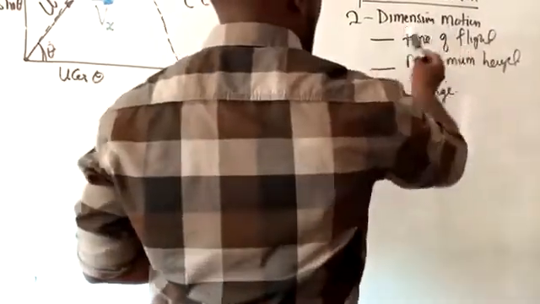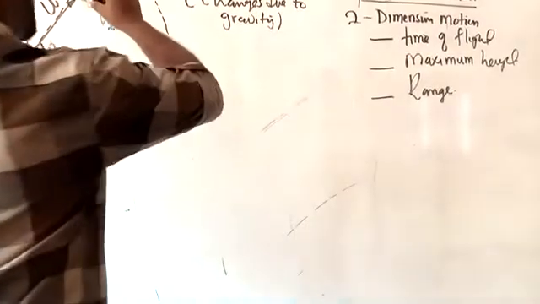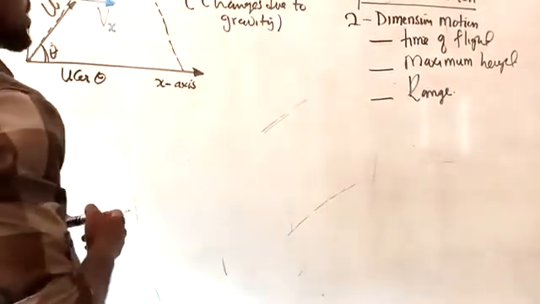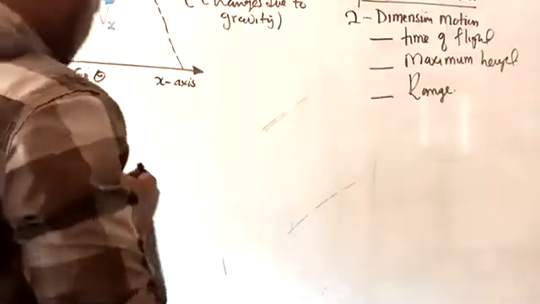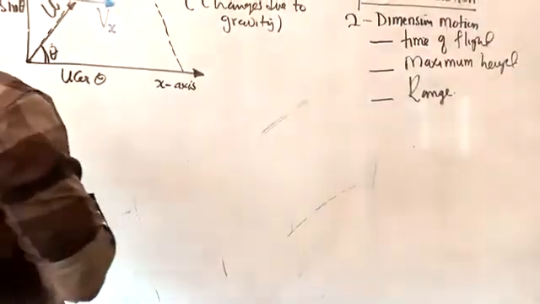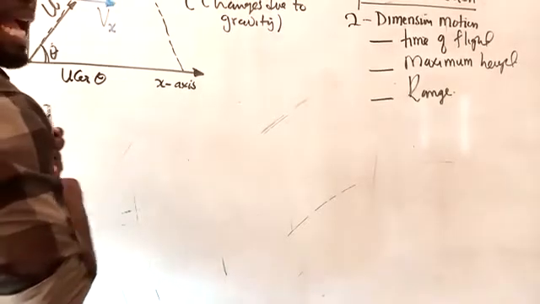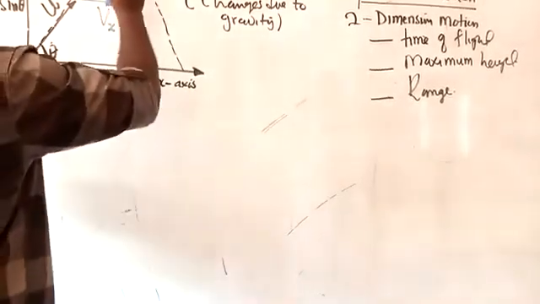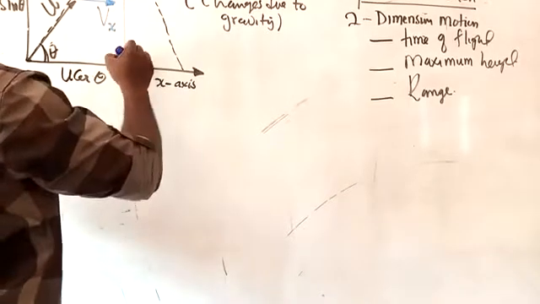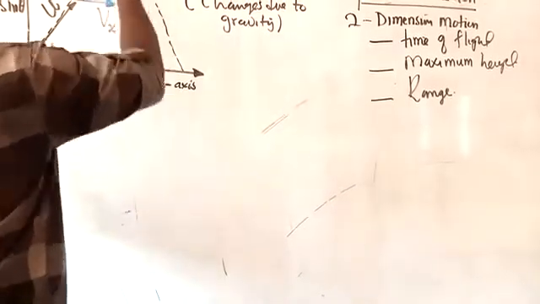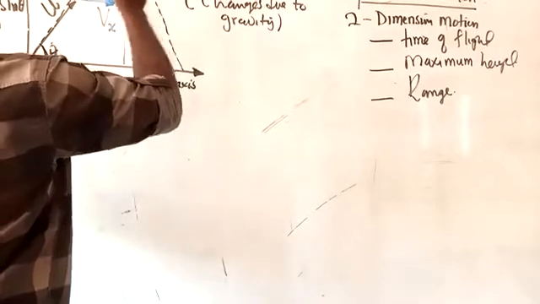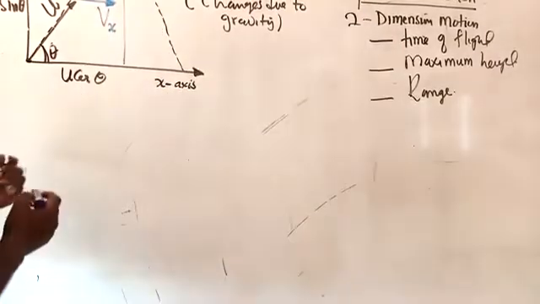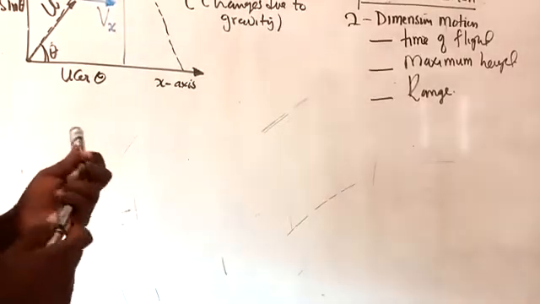That's one thing we need to know: velocity in the x is constant, and in the y changes, except at maximum height, at the tip of the journey, at the apex. At the apex, the object is no longer going up, so Vx still remains constant, but Vy is 0. Those are very important things you need to take note of.